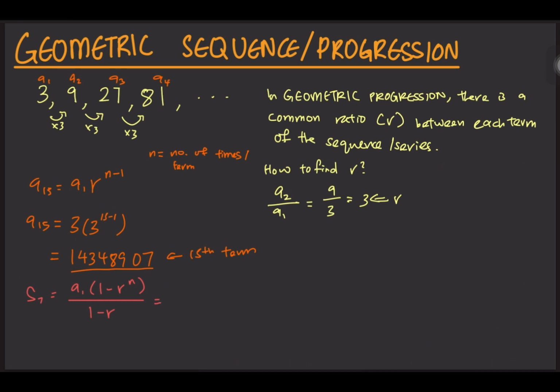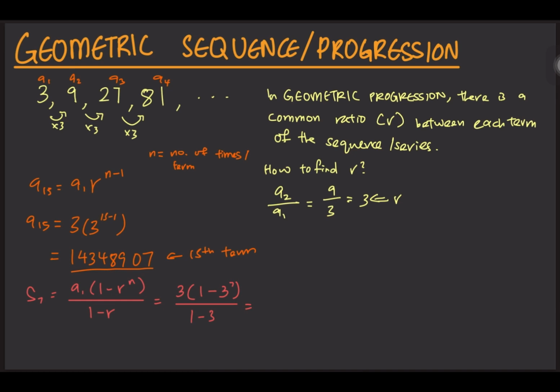Okay, how do we apply it in this case? a1, 3, multiplied by 1 minus r, the common ratio of 3, to the power of n, which is 7 in this case, divided by 1 minus our ratio 3.